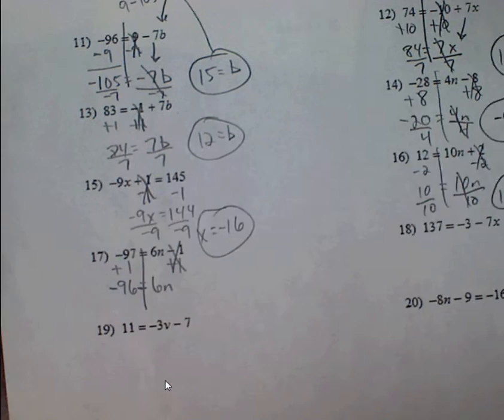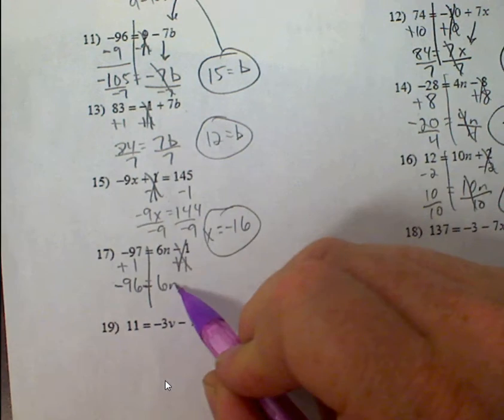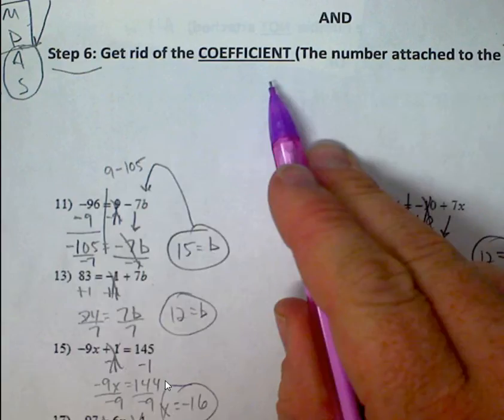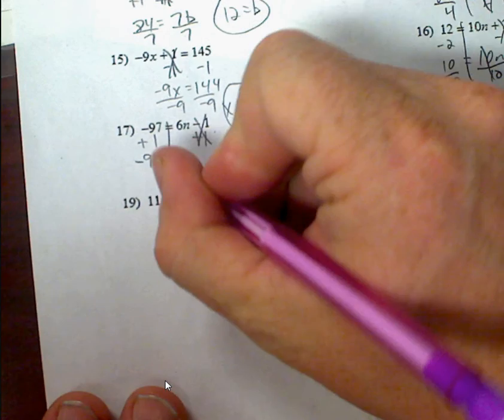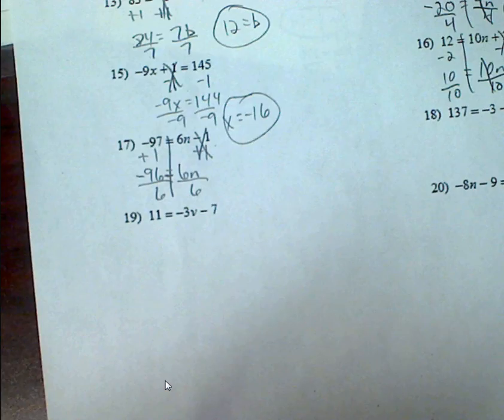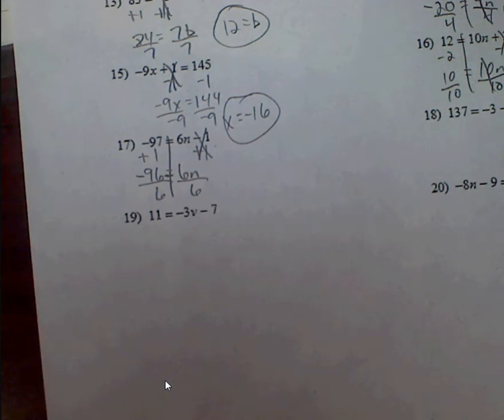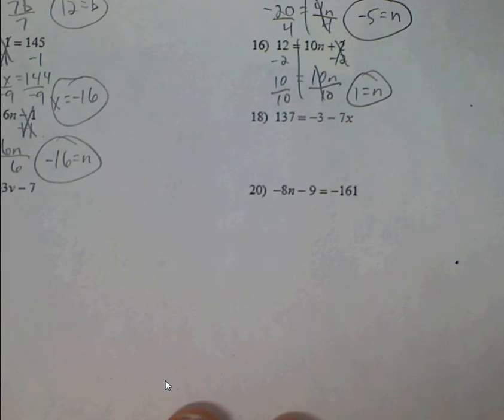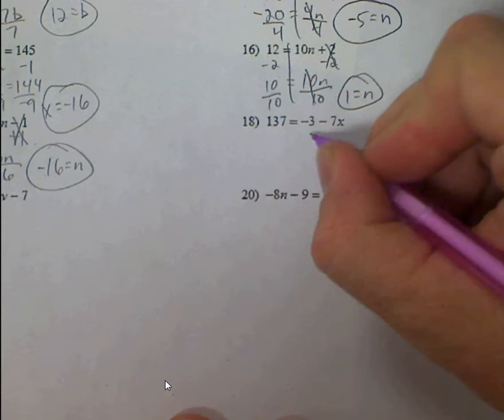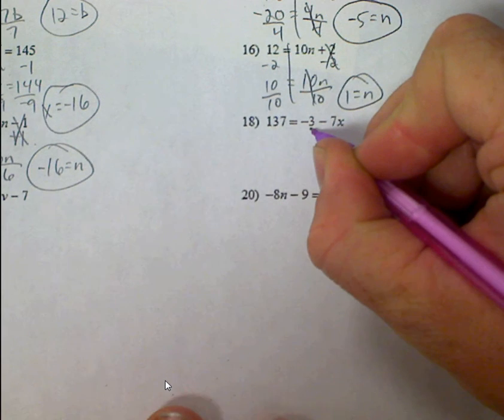To get rid of 6 that is attached, called the coefficient, I have to divide. Divide by 6, divide by 6. 96 divided by 6 gives me 16. So negative 16 equals n. Number 18. Negative 3 is my constant.